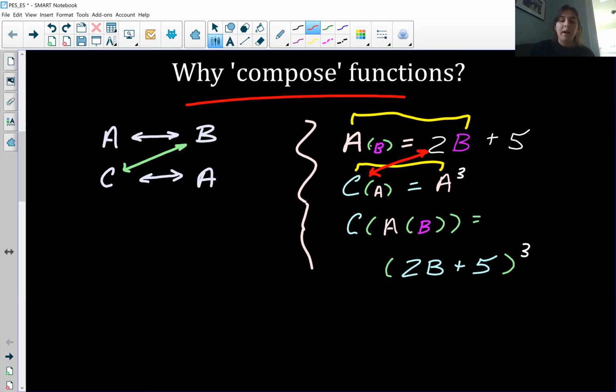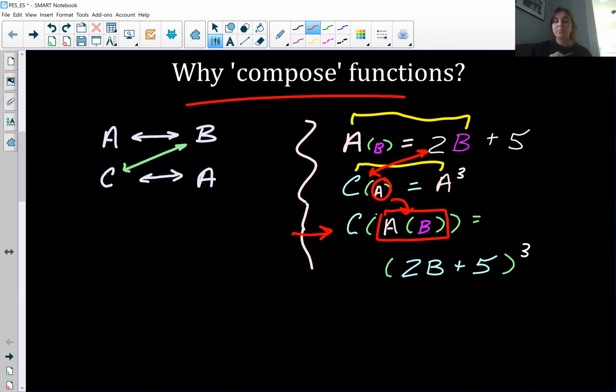And the way we can do that is through composition. So we can basically plug in the function for A into the C function. We write that as this third line right here, C of A of B. I know that looks like a lot, but basically what we did is we replaced this little guy right here with this big old function.